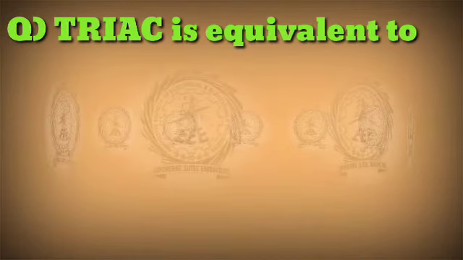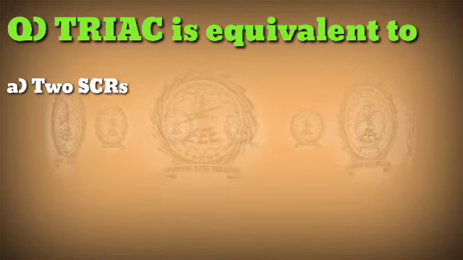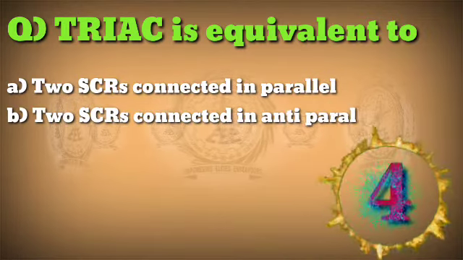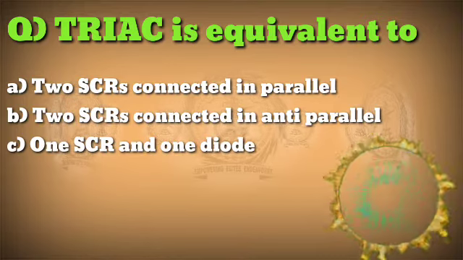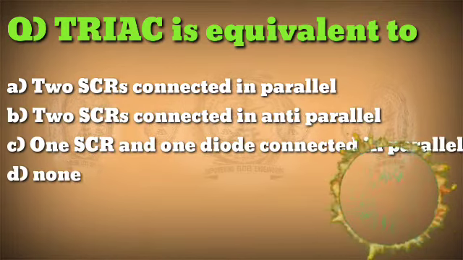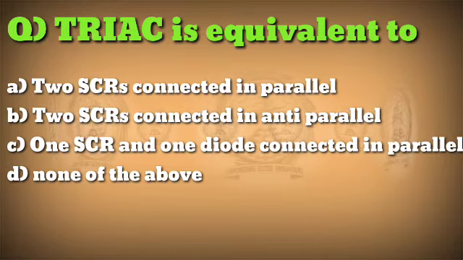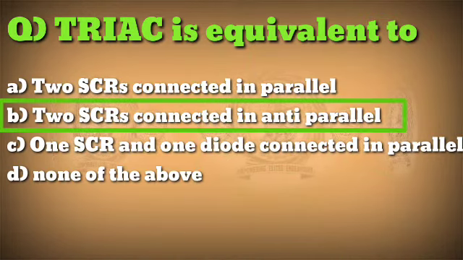Next, a triac is equivalent to A, two SCRs connected in parallel, B, two SCRs connected in anti-parallel, C, one SCR and one diode connected in parallel, D, none of the above. The answer is B, two SCRs connected in anti-parallel.